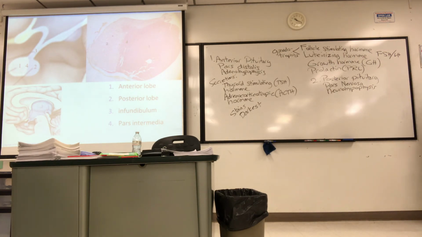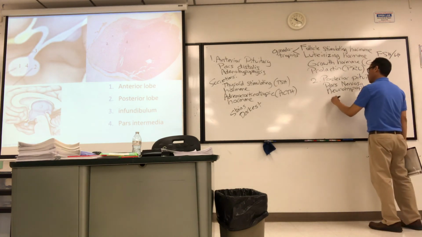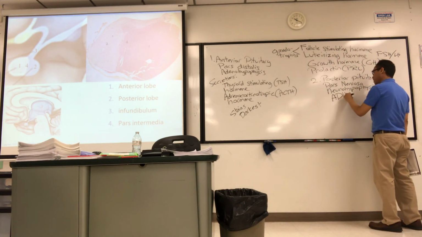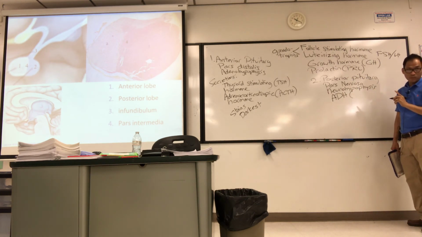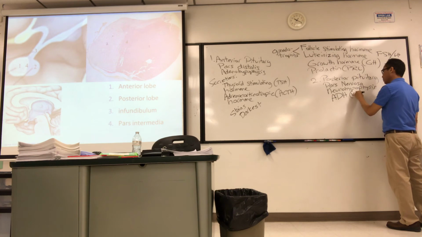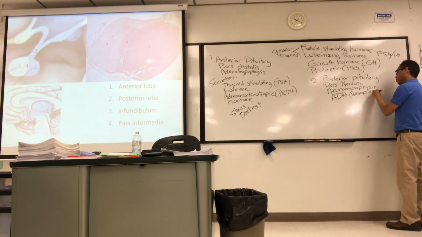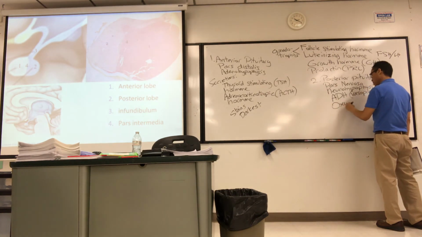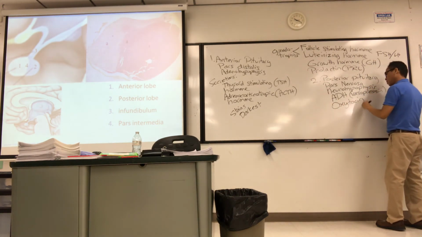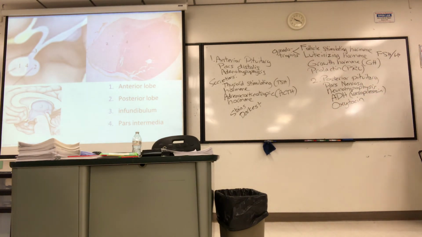Two secretions, ADH and oxytocin. ADH I already wrote out, antidiuretic hormone. Earlier we called it also vasopressin, one and the same. The other one's oxytocin. I'll tell you its physiology later. I just want to list all the secretions of these two major regions.